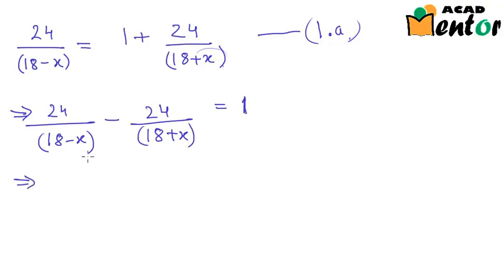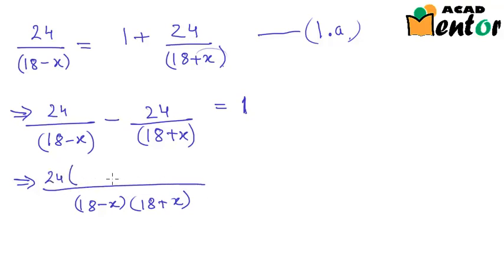If we take the LCM here in the denominator, we would have 18 minus x multiplied with 18 plus x, and the numerator would become, I can take out 24 common, and inside I would get 18 plus x minus 18 minus x in brackets, which is nothing but 24 into, here 18 would be negative and x will be positive.